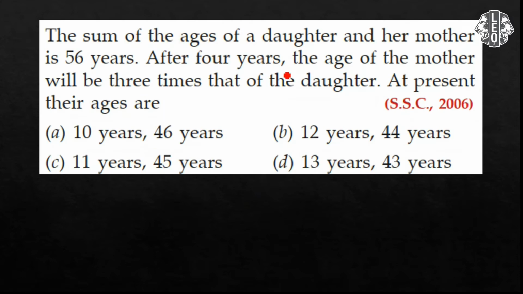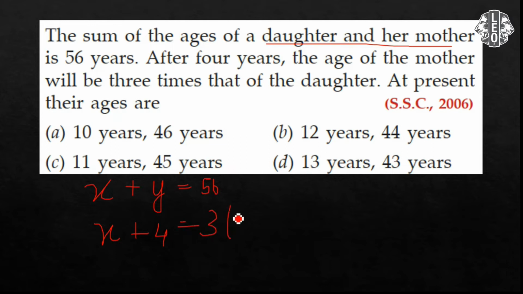Another question: the sum of the ages of a daughter and her mother is 56 years. So x plus y again. I told you the sum or difference could be given, right? So it's 56 years. After 4 years, the age of the mother, so x plus 4, where I am considering the age of the mother as x, will be 3 times that of the daughter.